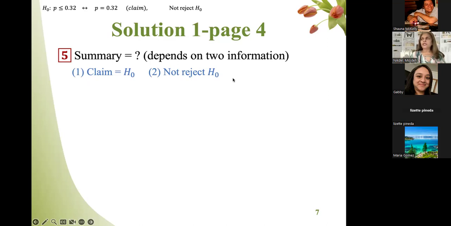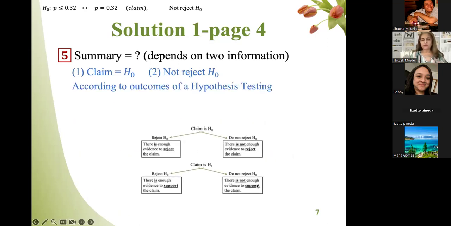I gave you a table of outcomes. Here it is, table of outcomes. I gave this table in section 8.2. Claim is H0, here it is. If your claim is H0 and you did not reject null, so one of the boxes is do not reject null, you take this information and just copy it.